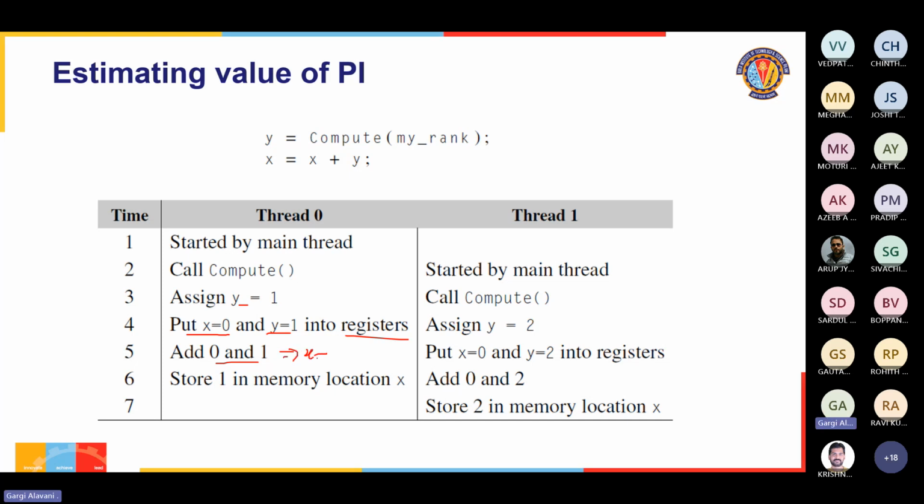But during the same cycle, thread 1 has already copied the x value from your main memory, and now it has x equal to 0 in registers. So it will use the value of x to be 0, and it will add 0 and 2. And now it will say that x is equal to 2. But what went wrong here is, although x was updated, this was not reflected for thread 1.